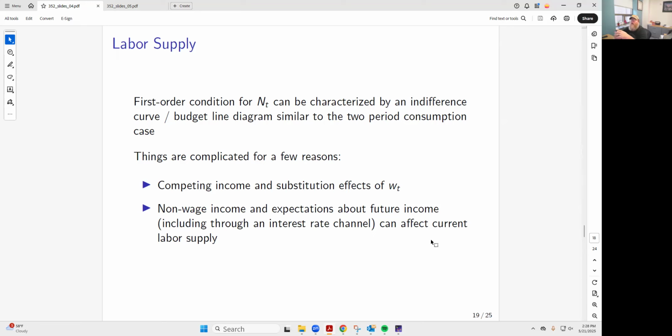The other complication here is that if I make a higher wage, I may decide to work less. If I make a lower wage, I may decide to work more. And so that complicates that income and substitution effect. And then, of course, there's non-labor income, right? Again, this is one of the more important conversations that we have right now in the U.S. economy, is that so much of the wealth that's generated, so much of the income that is generated in our economic system does not necessarily come from labor wages.